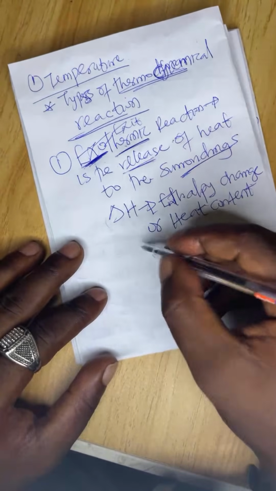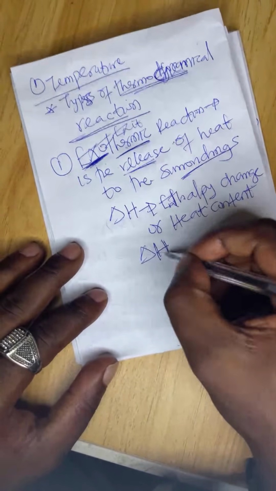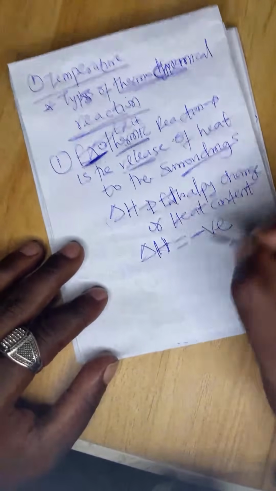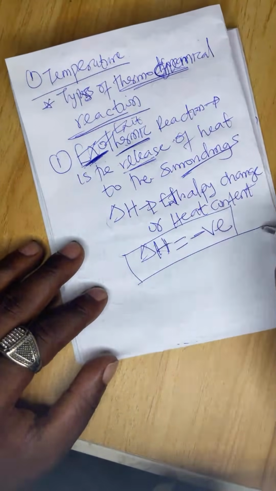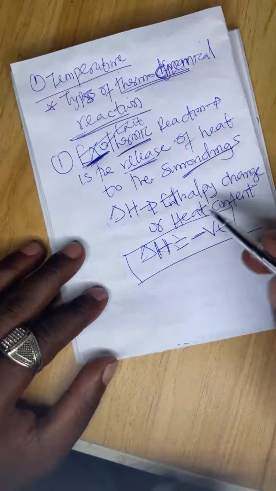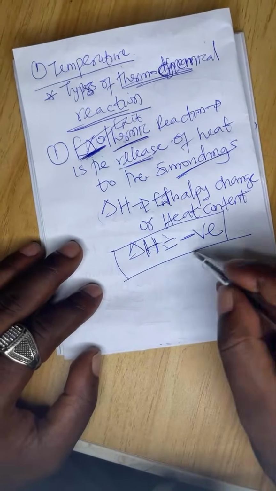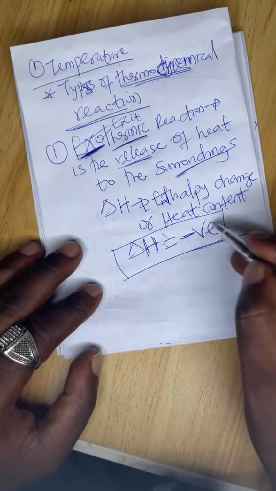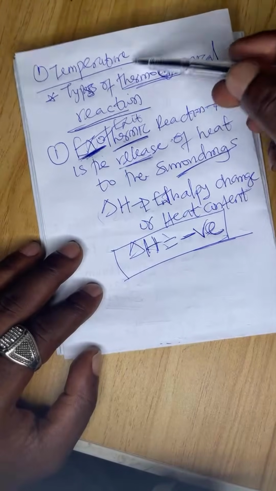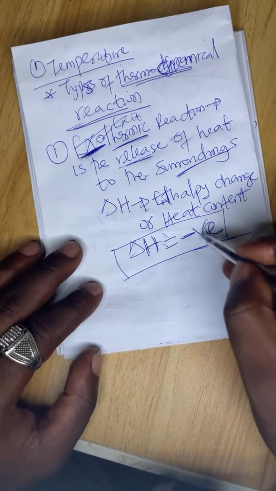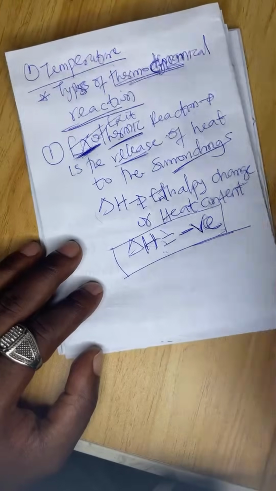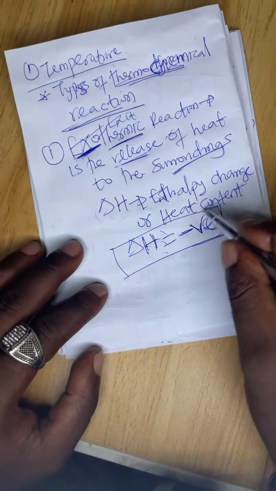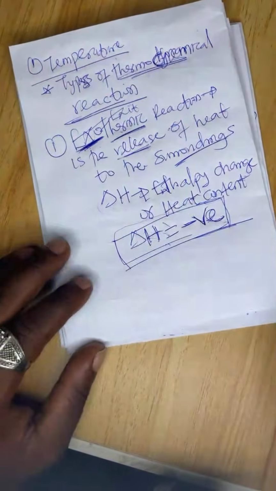So for exothermic reaction, the enthalpy change is negative. You must know this, because this is what will determine the effect of temperature on that reaction. That's why I used to say that most examiners will always give you the enthalpy change of that reaction, so that you can determine the effect of temperature on that reaction. If they don't give you this, you will not know. You will see it by the time we start.